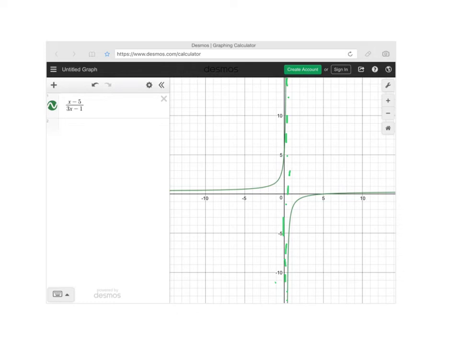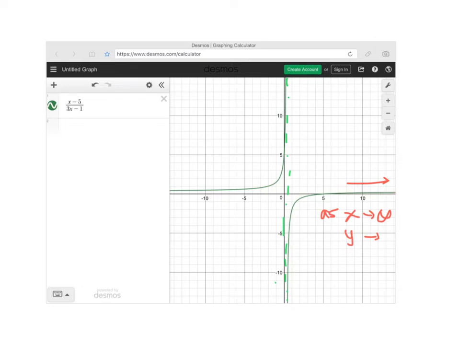Now, what's the end behavior of this function? Is it still approaching 0 as x approaches infinity? Well, let's see. So as x approaches infinity, what does y approach? Does it look like it's approaching 0? See how it looks like it comes up above the axis here?